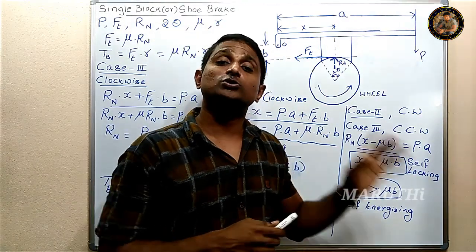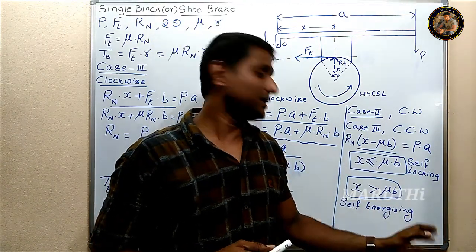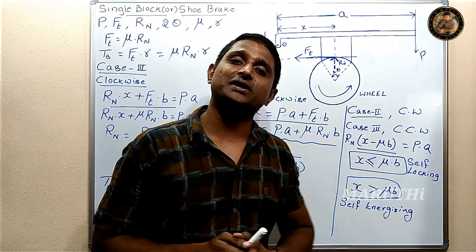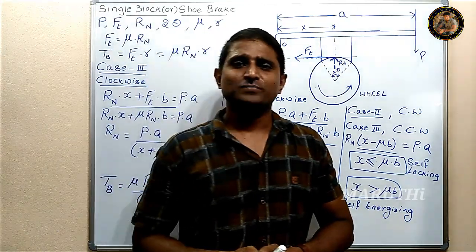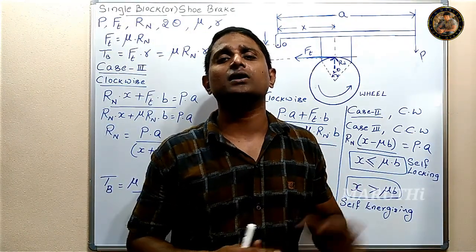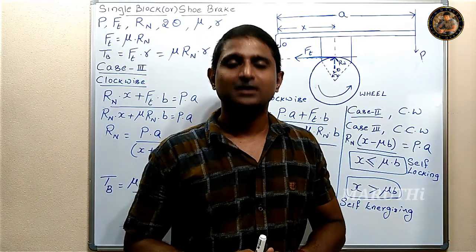So always we have to avoid self-locking. The brake should always be self-energizing, so X should be greater than mu B. Okay. So this is all about the single shoe or single block brakes. Thank you for watching.